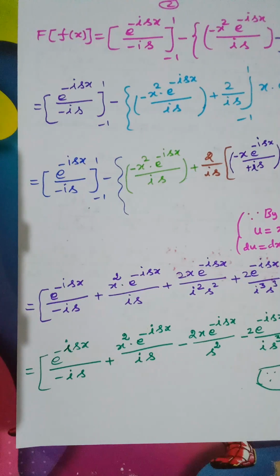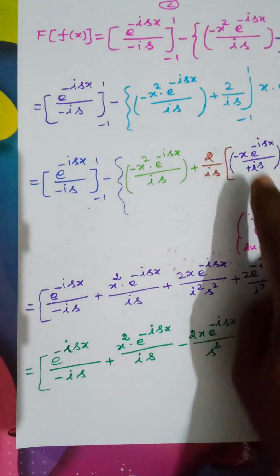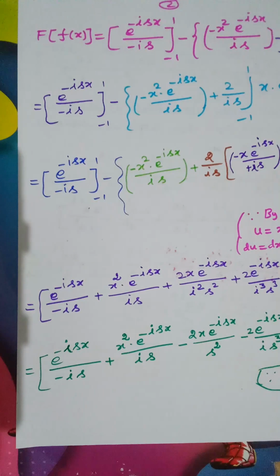So minus into minus plus x squared e power minus isx by is, and then the second part will be, plus into minus. Okay, so it will be 2, so there is one minus, isn't it? So minus, outside of the bracket there is a minus, so minus into minus plus 2x e power minus isx by is. So is into is squared, isn't it?